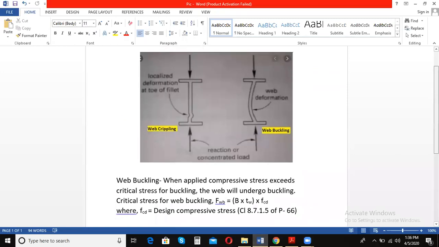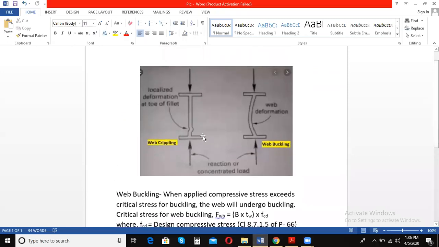Now, see in the first diagram, this is an I-beam on which vertical loads are being applied. These vertical loads are compressive in nature. Due to the action of these vertical compressive loads, some localized stresses might get concentrated in the portions of the web which is nearer to the top or the bottom flange.